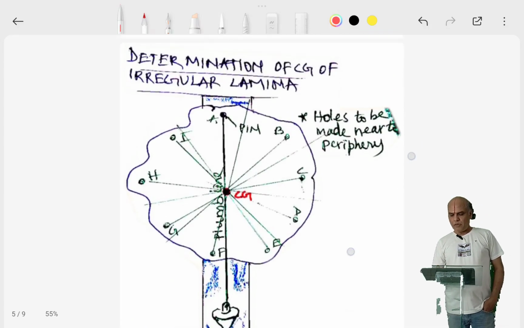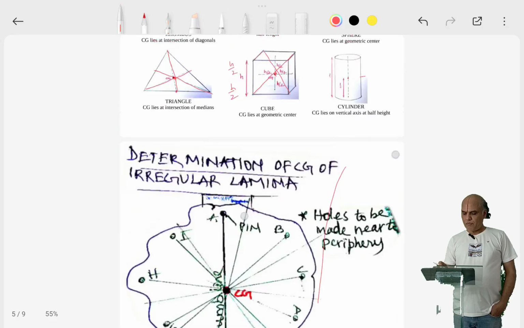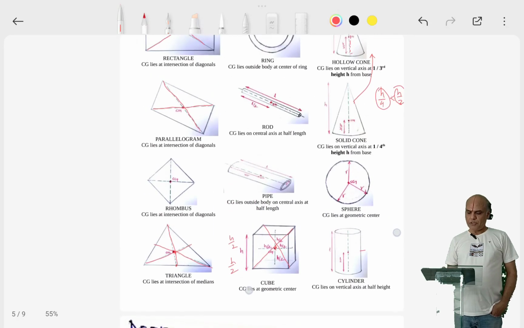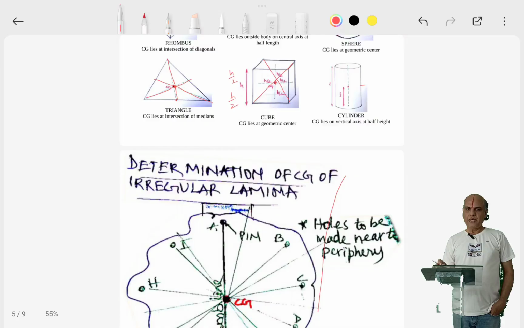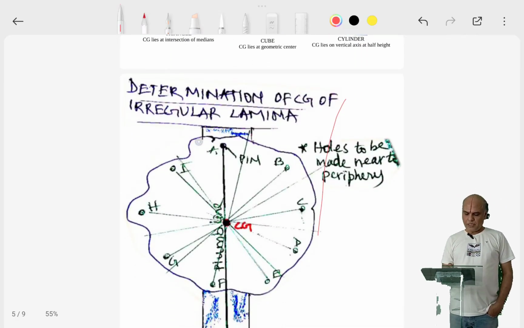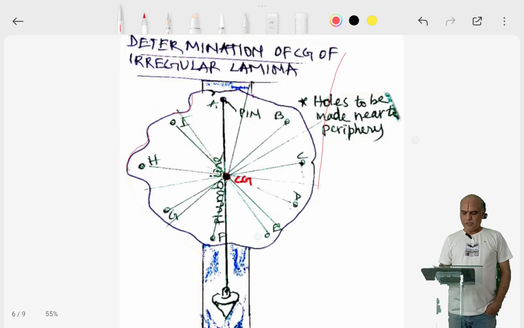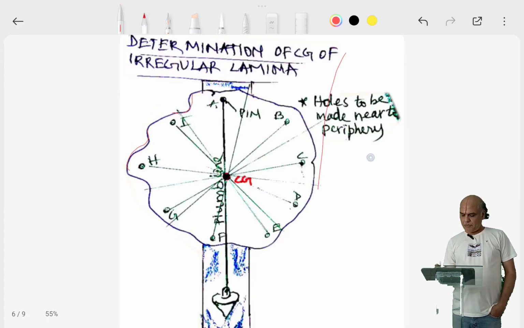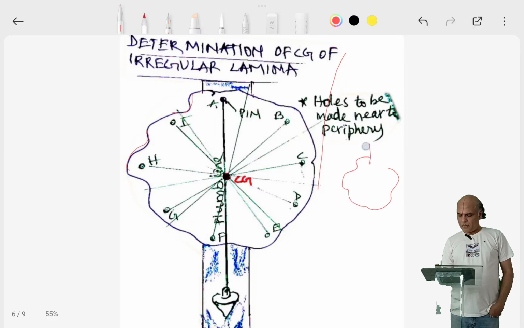Now, for common geometric shapes, we could get the CG from their geometry. But suppose we have an object of irregular shape, for example a lamina of irregular shape as shown in the figure. If you want to know where the CG lies, this experiment will determine the CG of such a lamina. Whenever a body is hung vertically, it swings initially, then comes to rest.